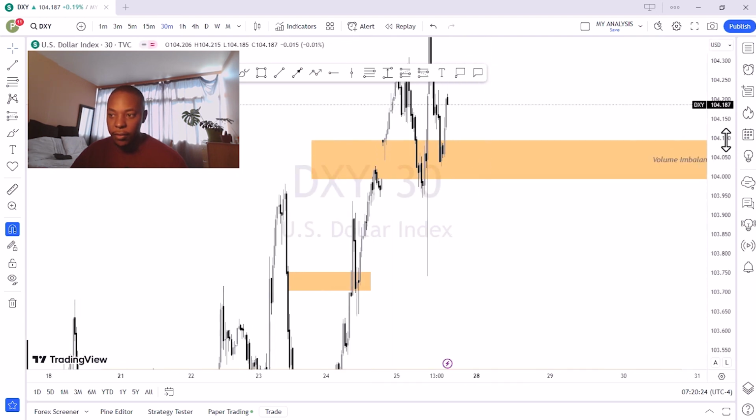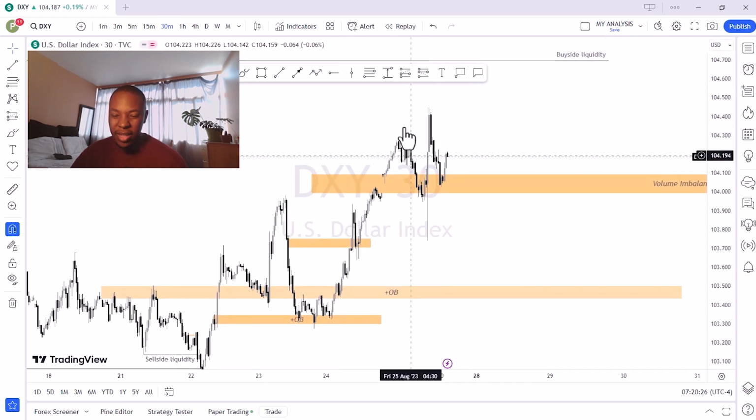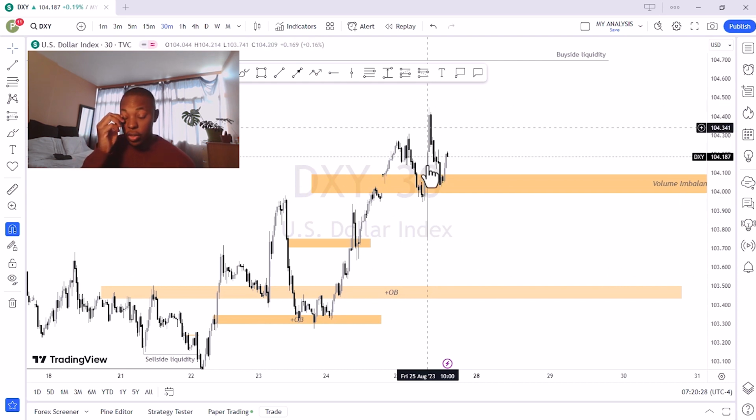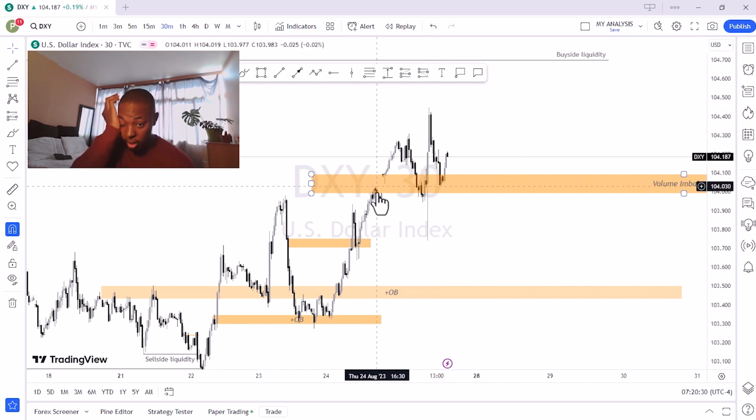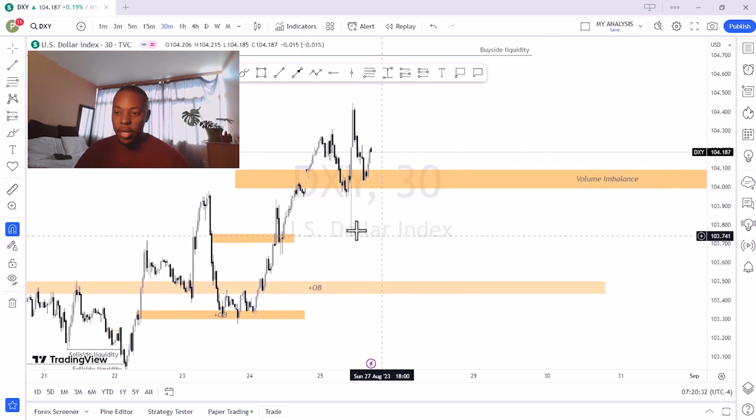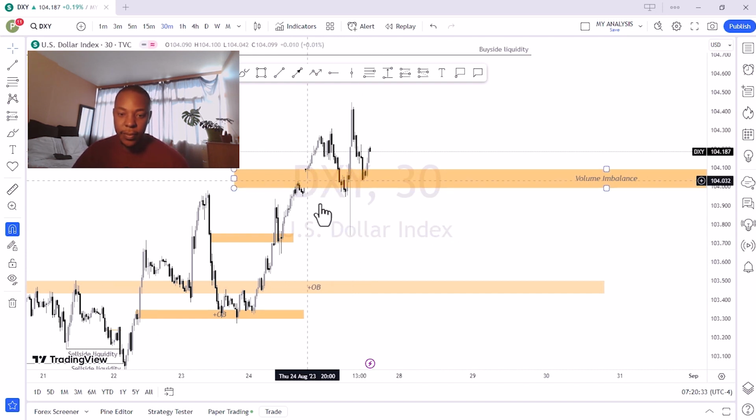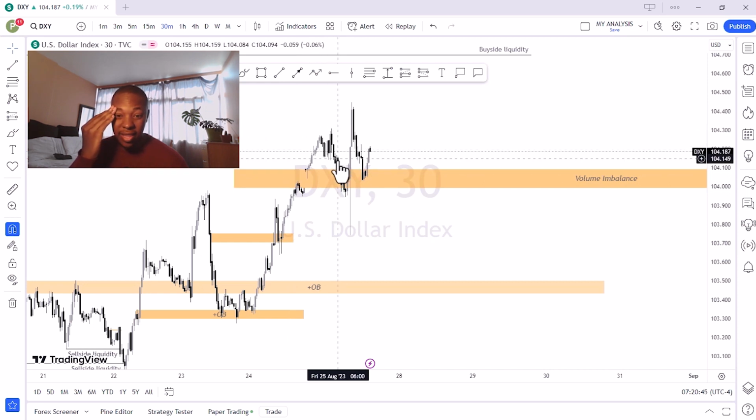So on Friday, before the whole news event, we had this new volume imbalance, so I was waiting for it to come and close this volume imbalance, and as you can see, it went up, and then I was expecting it to come back to close this volume imbalance.